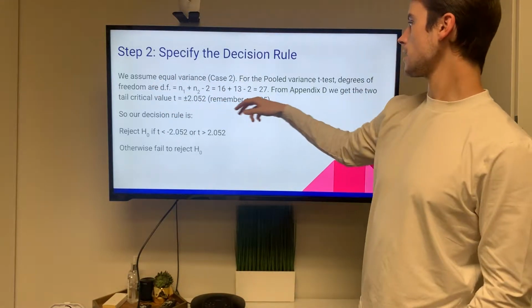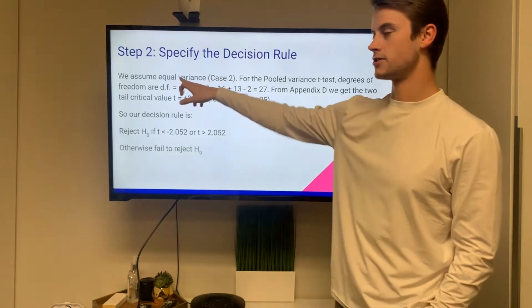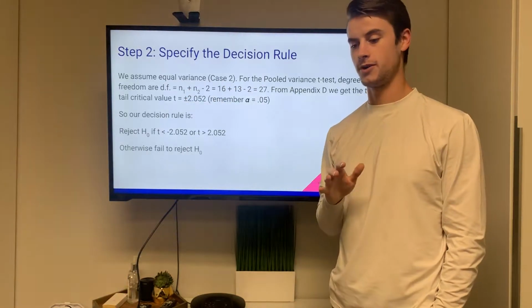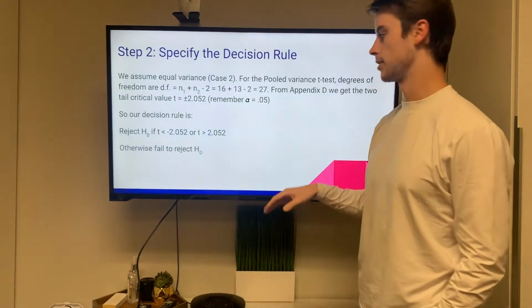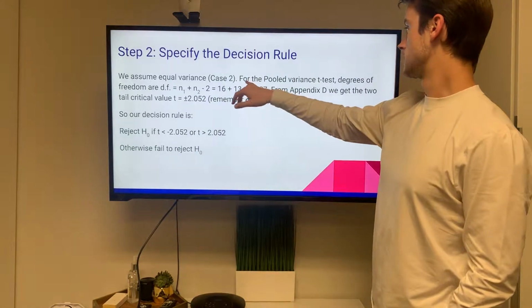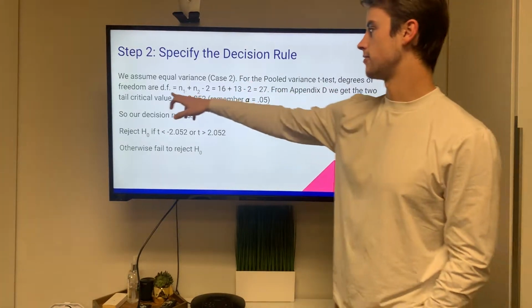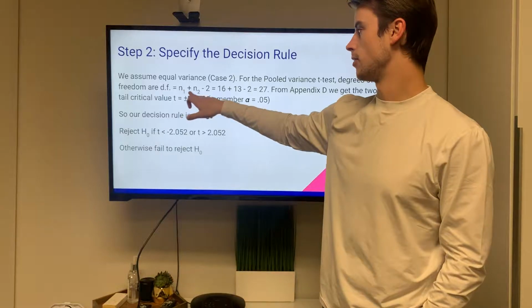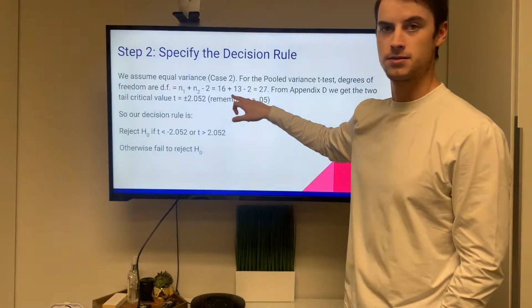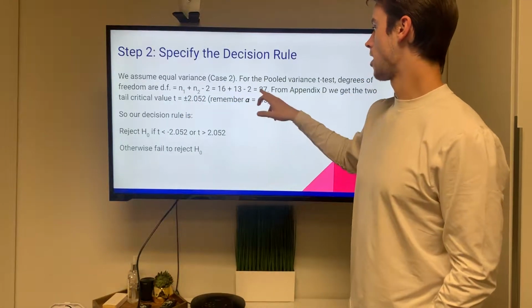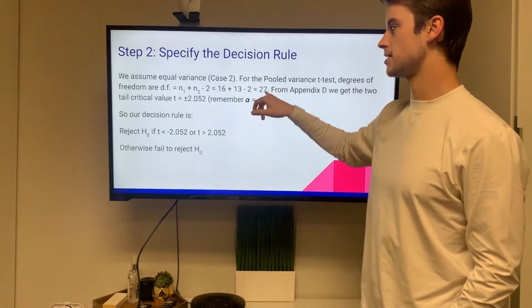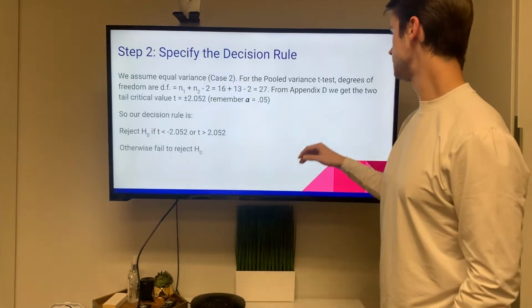Trust me. And again, if we assume equal variance, that means we have a case 2 scenario, right? So we're going to use that formula. So for the pooled variance t-test, the degrees of freedom are, and again, we do n1 plus n2 minus 2, so 16 plus 13 minus 2 is equal to 27. So 27 is our degrees of freedom, all right?